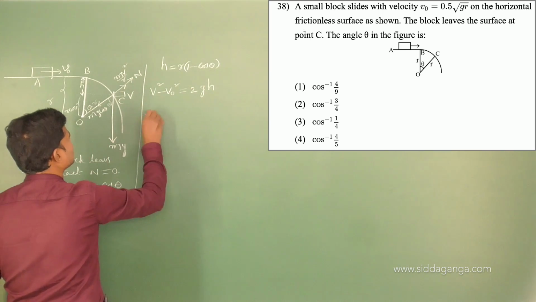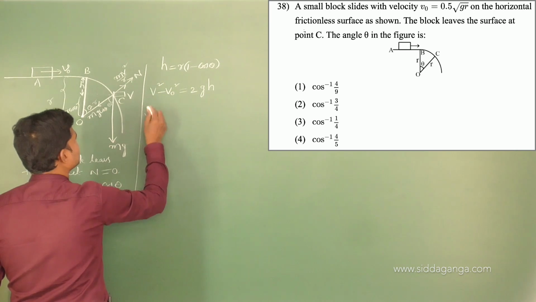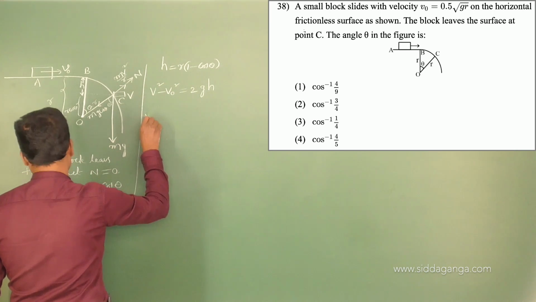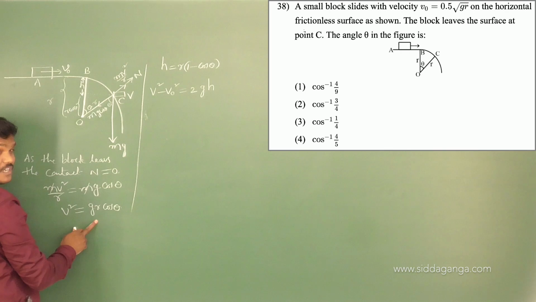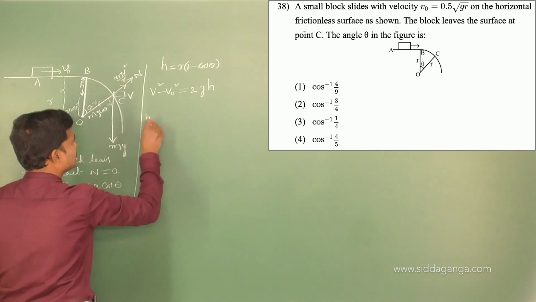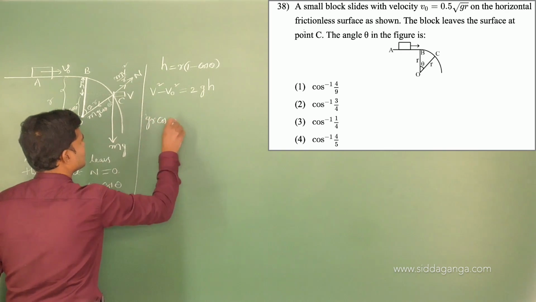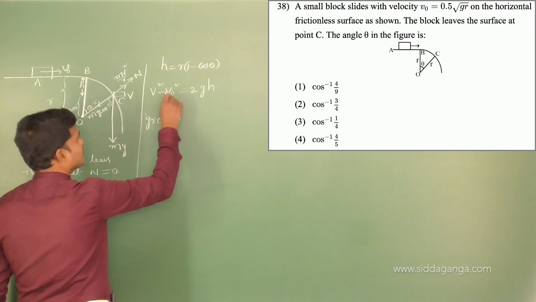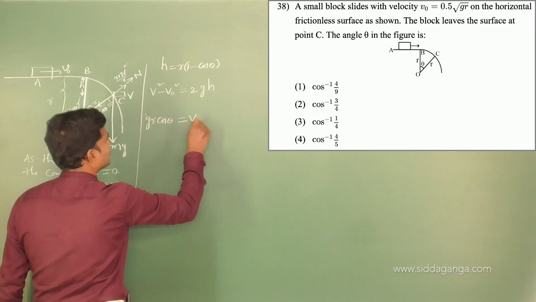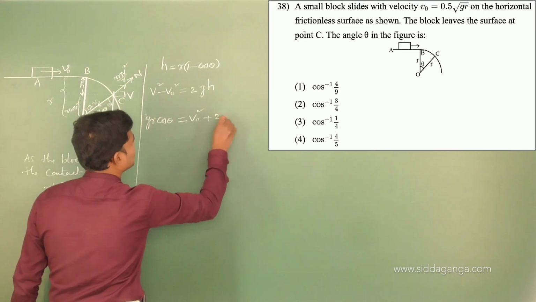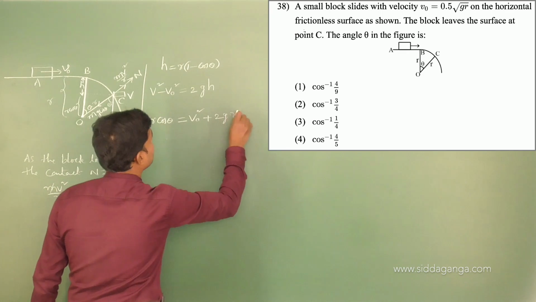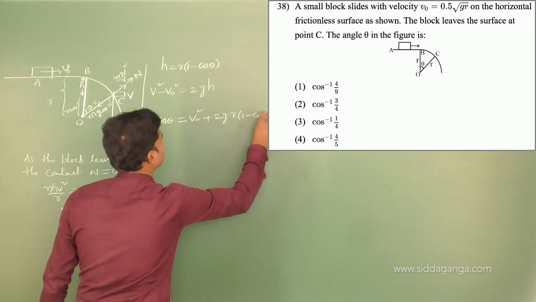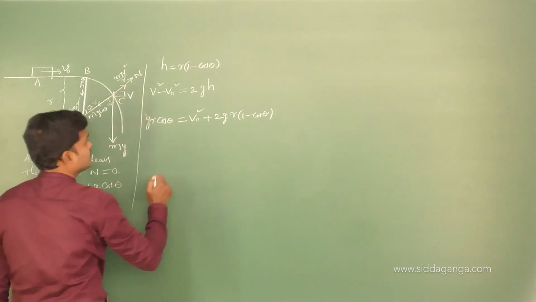So v square, what is v? v square is gr cos theta. Take v0 square to the right side: v0 square plus 2g times h, which is r(1 minus cos theta).